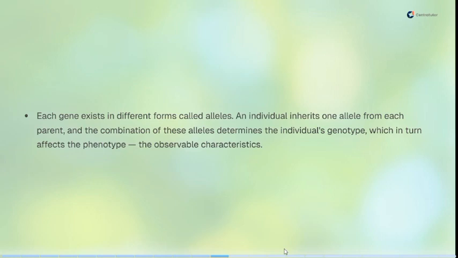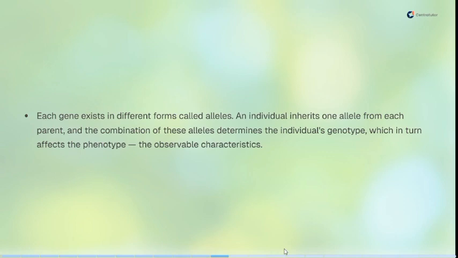They would be traced from both the mother and the father, because every individual is meant to inherit traits from both. So each individual inherits one allele from each parent, and the combination of these alleles determines the individual's genotype, which in turn is responsible for the phenotype of that particular offspring.